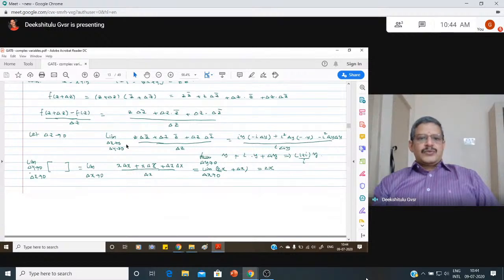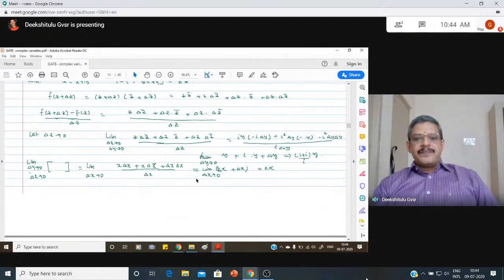Now as delta z goes to 0, that means delta x goes to 0, delta y goes to 0. If we substitute, z is x plus iy, z conjugate is x minus iy, delta z is delta x plus i delta y, and delta z conjugate is delta x minus i delta y. You put these things here, and this is the big expression we have.